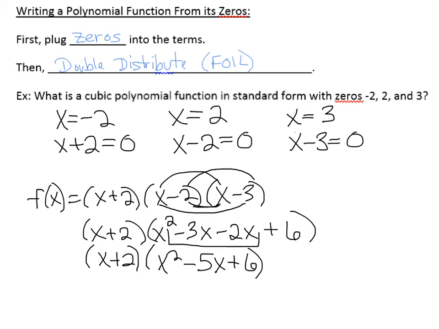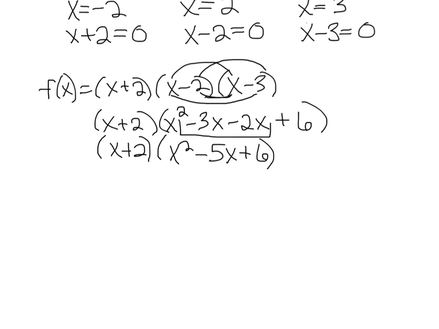So now I have a binomial times a trinomial. So what that means is we have to make sure that we take x and we distribute it to every single term in the second parenthesis, and then we come back and we do the same thing with 2. We distribute it to everything in the second parenthesis as well.